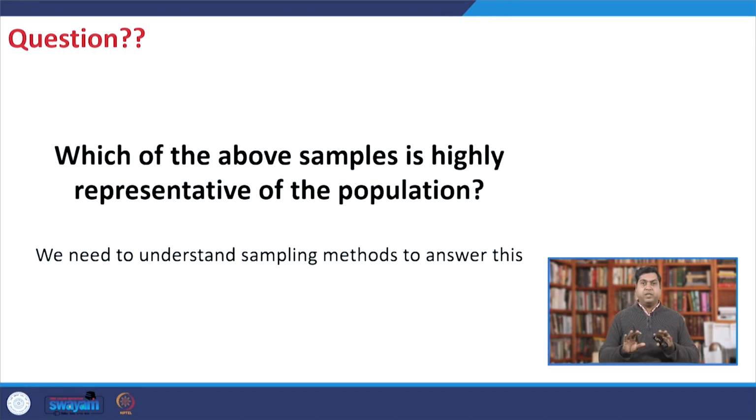So there are so many ways I can pick 5 people out of 20, which is 1/4 of the total population. Now which of the above samples is highly representative of the population?